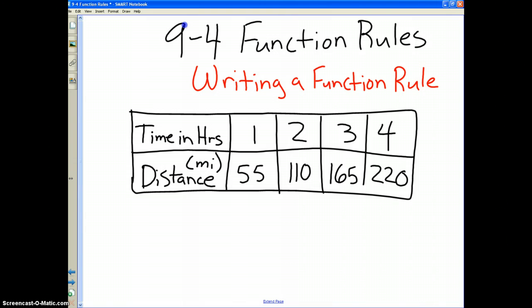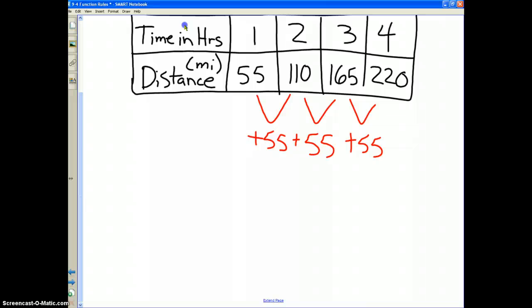Now just like yesterday, we're going to find that common difference, and here we can see that we've been adding 55 each time. So we can take our common difference, 55.